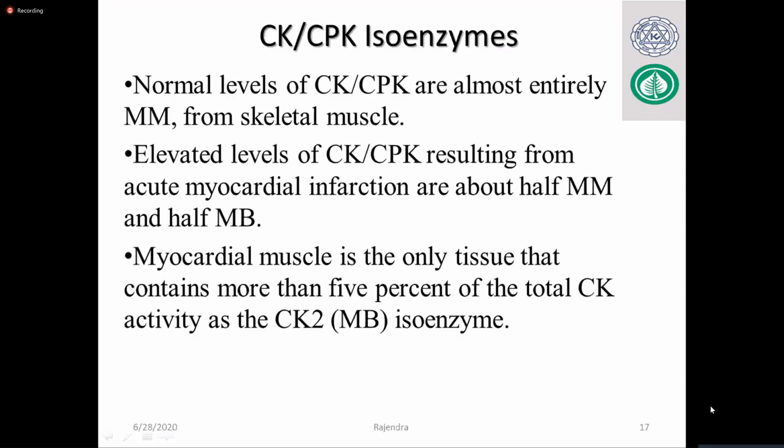Normal levels of CPK are almost entirely from skeletal muscle. That means generally this is within normal range. Elevated levels resulting from acute myocardial infarction are about half MM and half MB. That means if we find an elevated level, there is a chance it is from either brain or cardiac muscle.